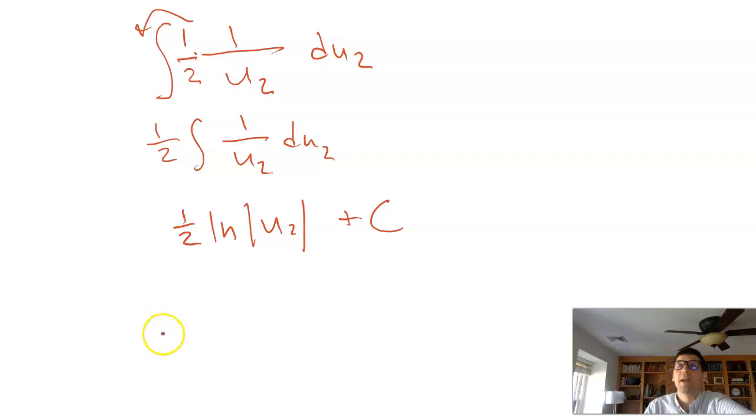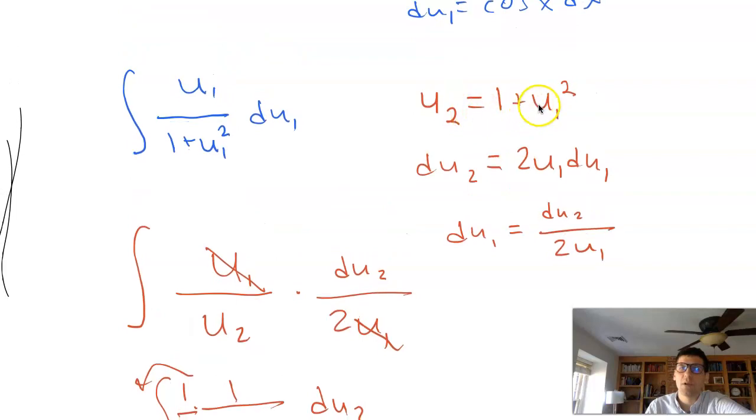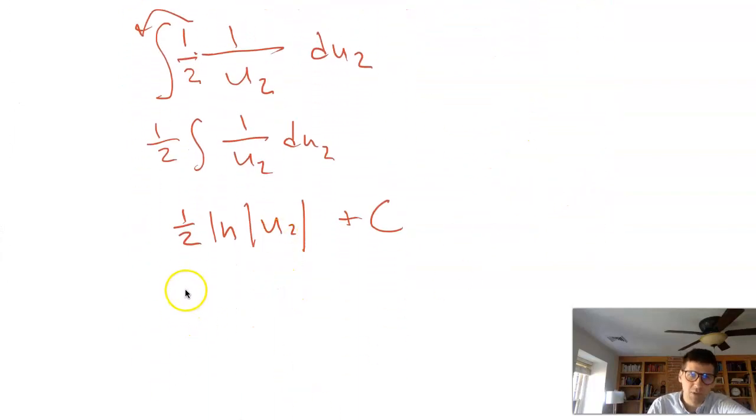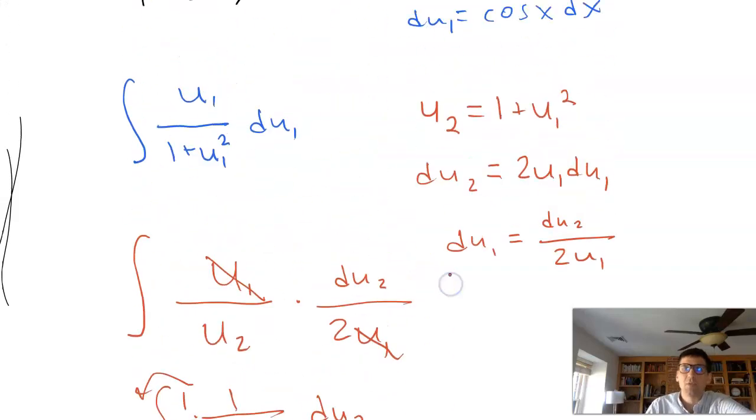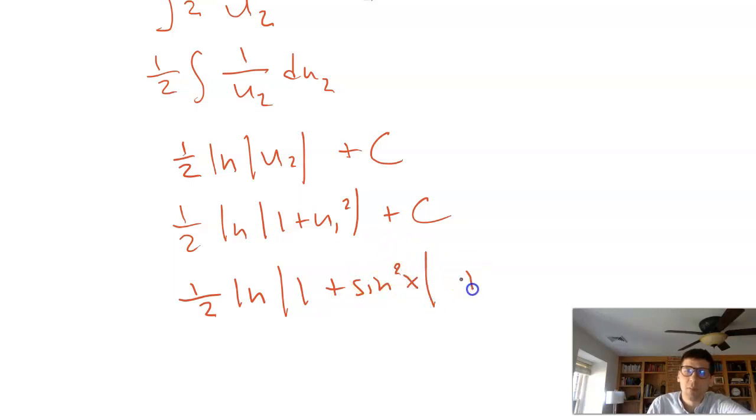Now though, we need to go back and substitute a couple times, all the way till we get back to what we had initially. u2 is actually 1 plus u1 squared, so it's 1/2 the natural log of 1 plus u1 squared. But what is u1? Well, we made that just sine. So if we're not mistaken, 1 plus sine squared of x, plus c, this should be the integral.